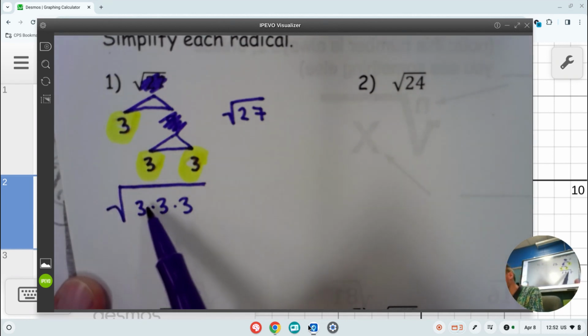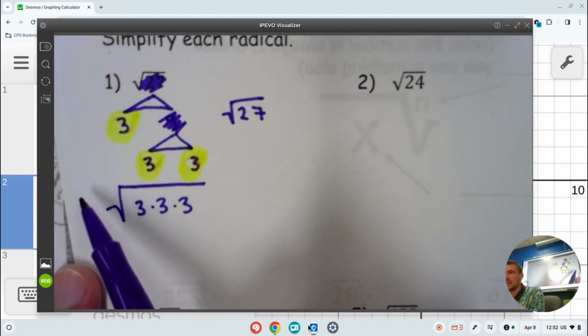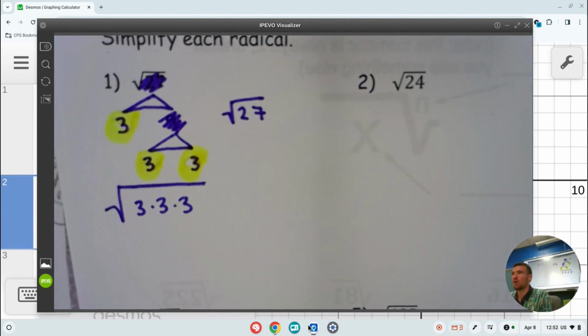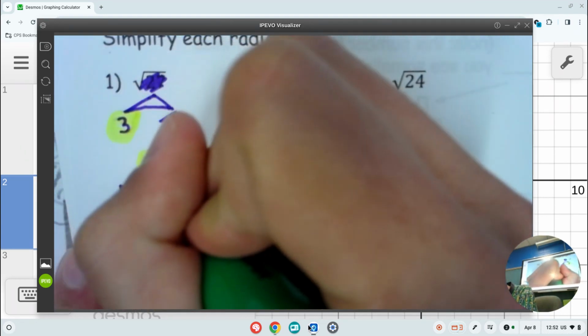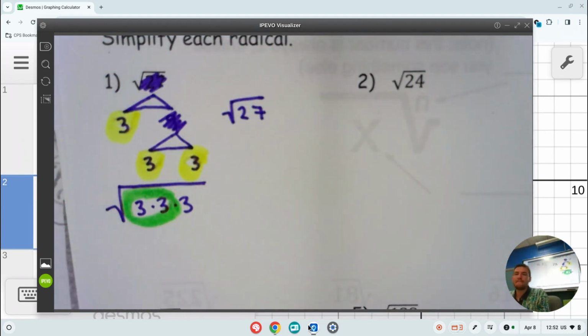In order to break out of this jail, you have to have a partner. And so, if I look at these 3s right here, these 2 3s, they can work together and they can try to escape prison.